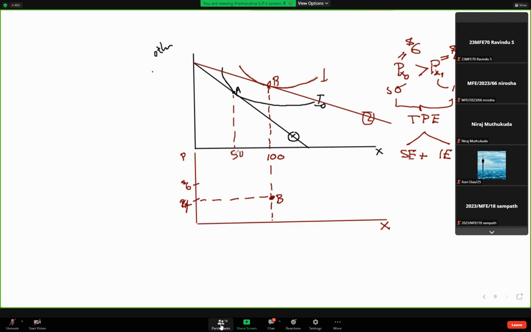Now at $6, this particular consumer's demand for X is only 50, and we get the point A. Connect A and B points, and we draw the demand curve.